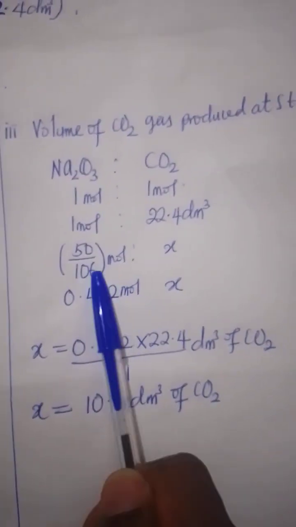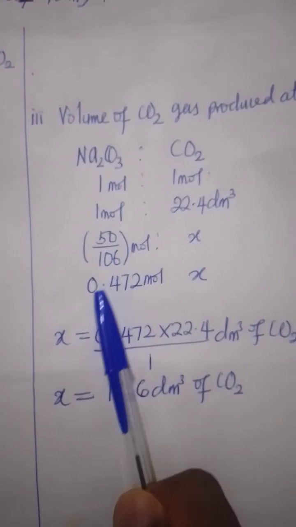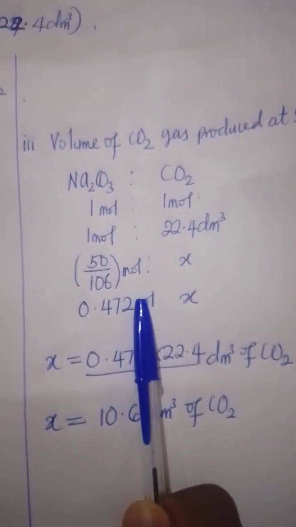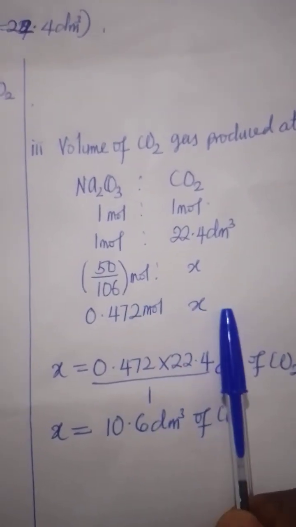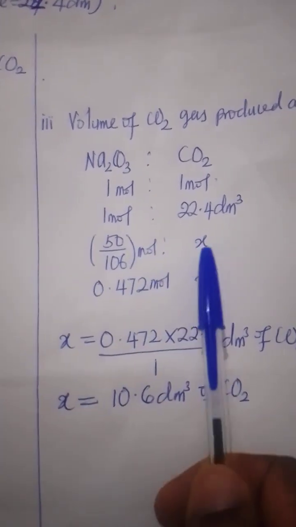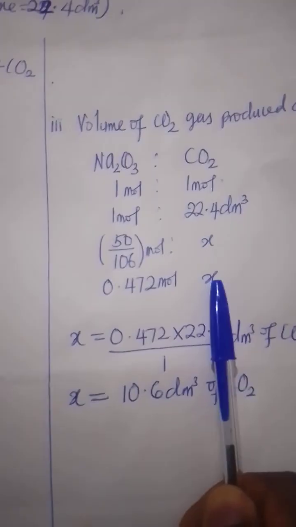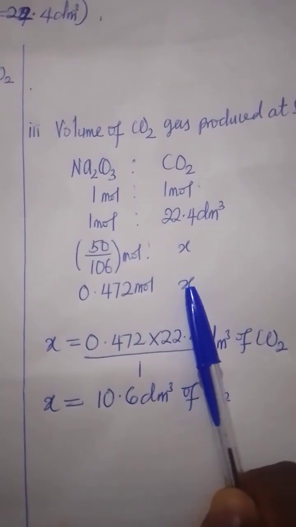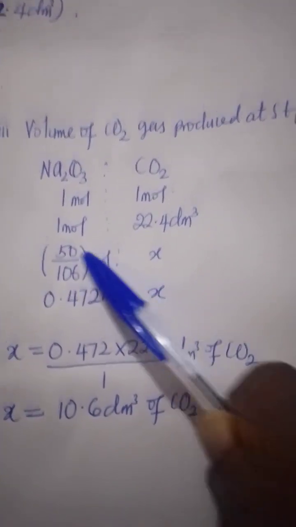So if we resolve this, that will give us this. So 0.472 mole requires x dm cube of CO2. We actually don't need this because this is the same as this. Don't forget the side facing what you're looking for will be used for division when you cross multiply. So we're cross multiplying now, x times 1.